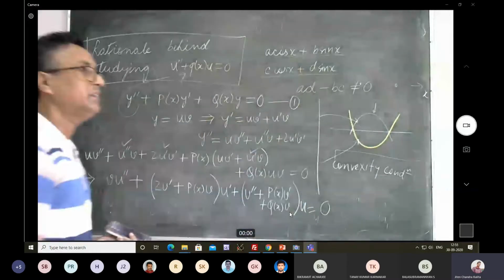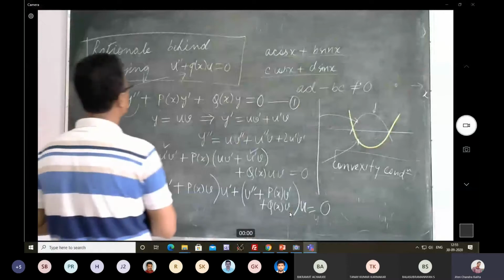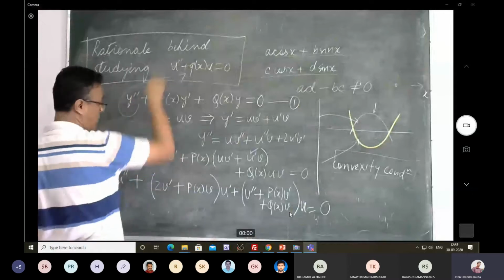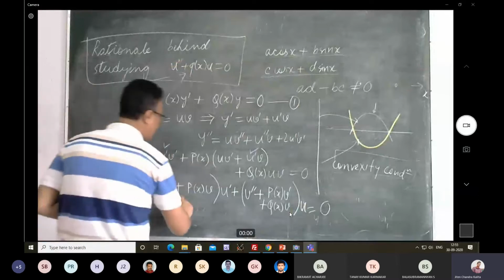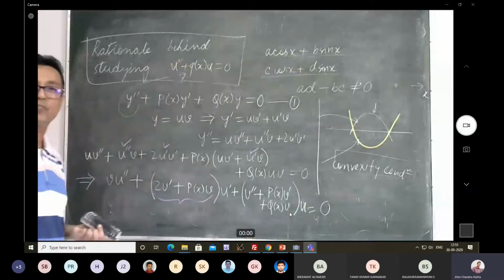What I'm trying to do is reduce this equation into this form. In order to achieve that, I have to plug in this coefficient to be equal to 0.